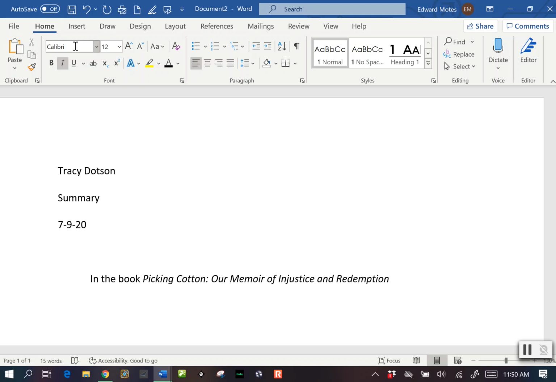Capitalizing all the important words, and then go back up and uncapitalize, by Jennifer Thompson-Canino, Ronald Cotton, and Erin Torneo. And then in parentheses, we'll put the 2009. Okay, so in the book, Picking Cotton by those authors, it talks about, so this is our citation. So we got the citation all in there, those 3 parts.